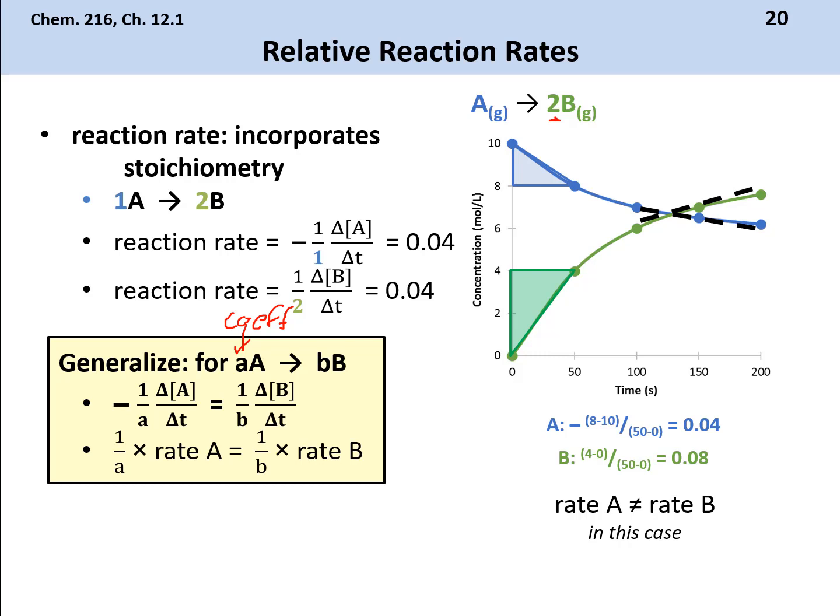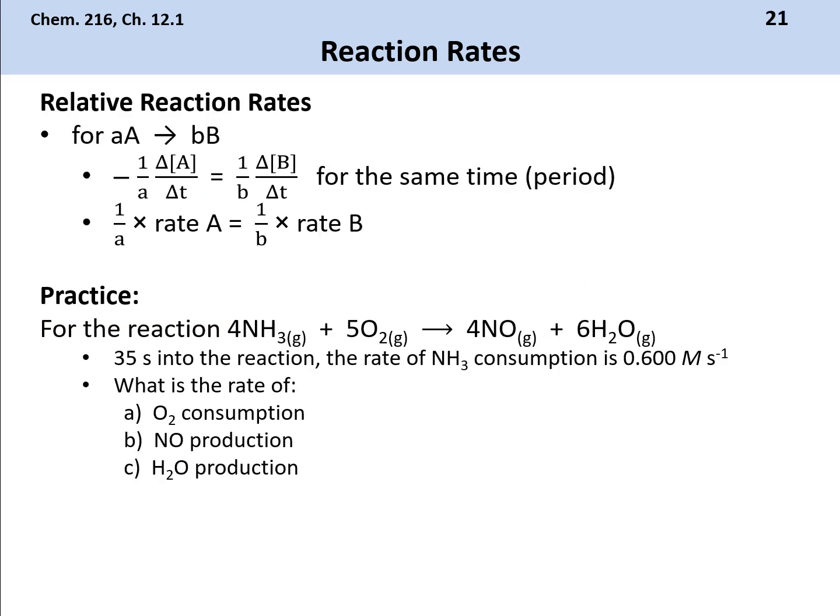It's negative 1 over a times delta A over delta T equals 1 over b times delta B over delta T. Or 1 over the coefficient for A times its rate equals 1 over the coefficient for B times its rate. We're going to do some problems with this.